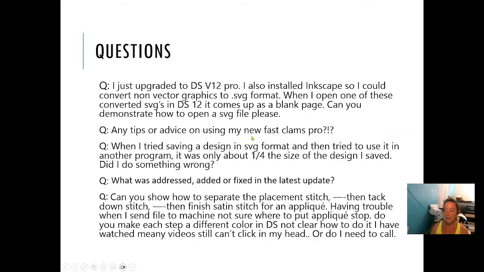All right, so what else do we have? You got fast clamps. Awesome. They're great. Tips or advice on using them. The main tip I can give you is get in the habit from day one of always closing the jaws, the little chompers. When you're finished sewing something, you open them up, you take the item off.